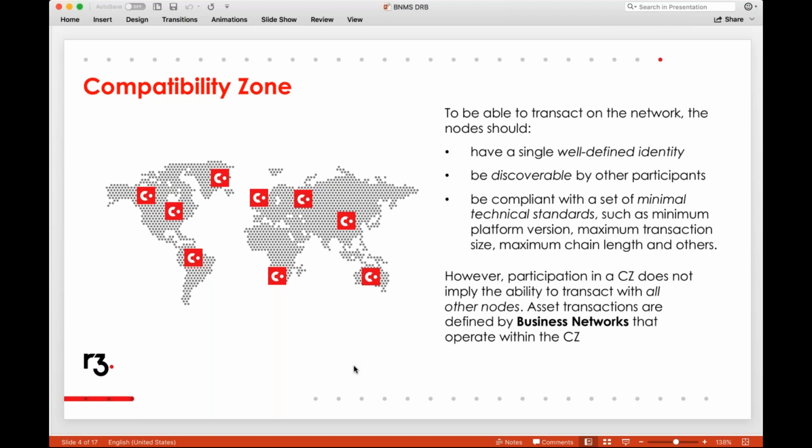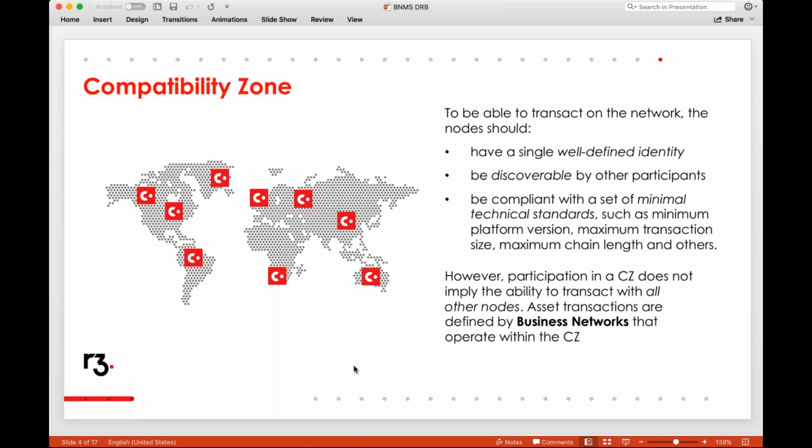Gotcha. Maybe just to re-emphasize that for everybody else, because I think people get confused about this. Compatibility zone is not some restriction that we're trying to add, or some arbitrary definition. It's, as Mike says, our attempt to say what is the absolute minimal set of things two nodes need to agree on in order, in principle, to be able to transact.